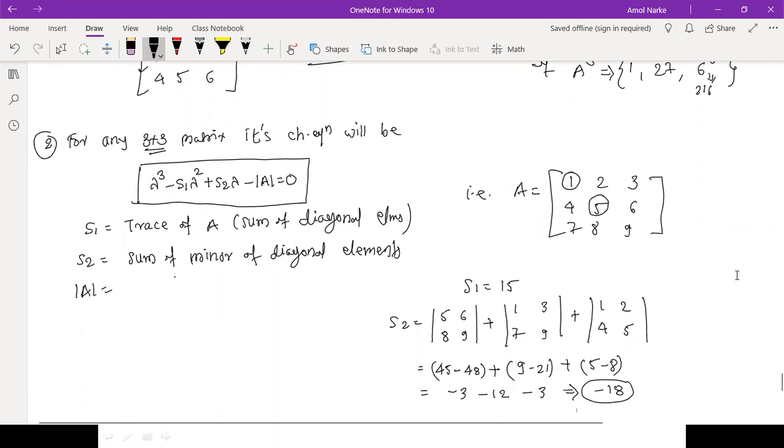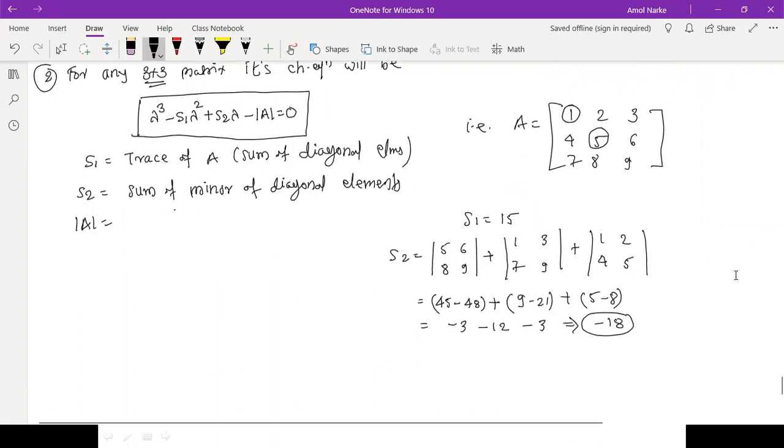Now tell me, what is the determinant of A? Please find out the determinant and tell me.